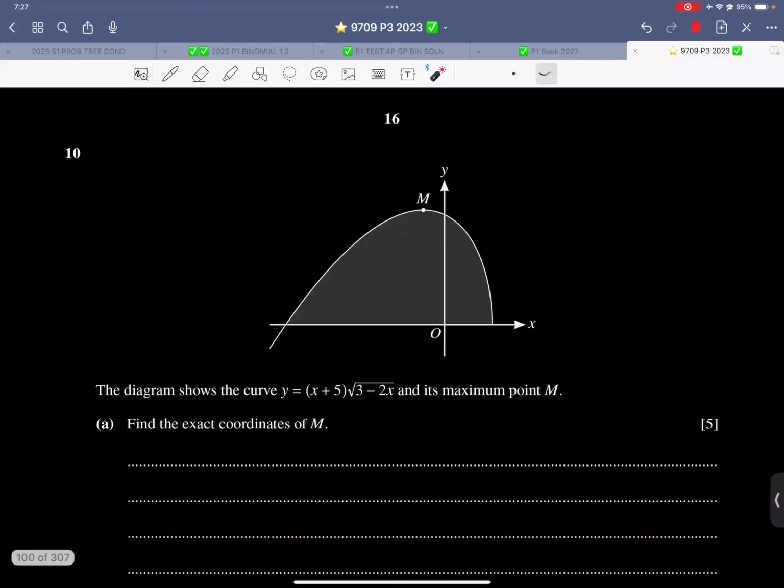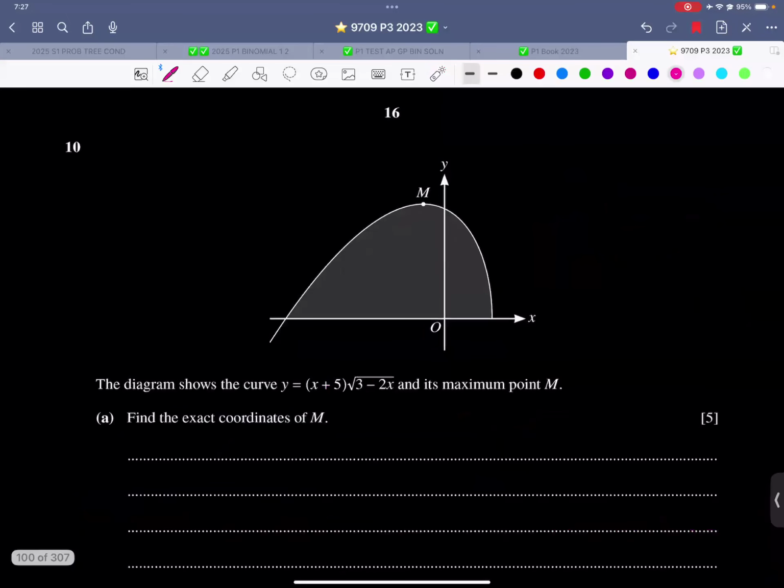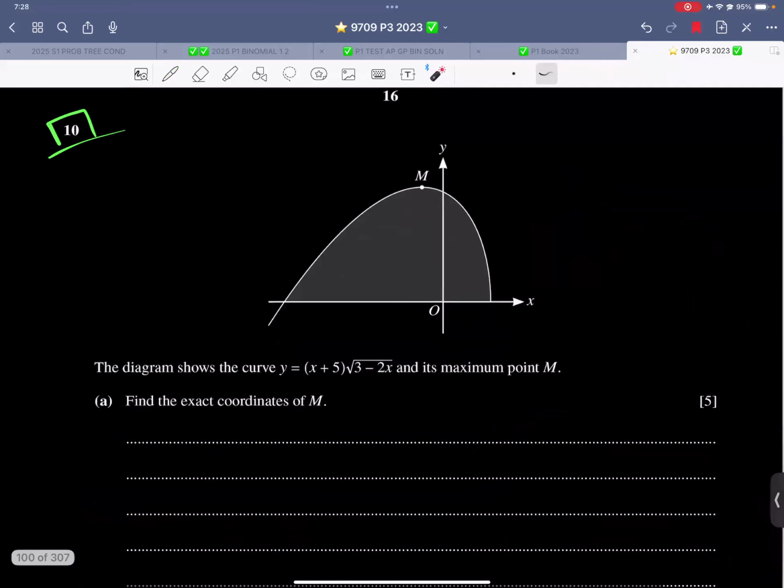Okay, people, let's have a look. First, read through the question. It says the diagram shows the curve y equals (x plus 5) square root of (3 minus 2x) and its maximum point M. So by now you have realized, since this region is shaded, one part would be about integration, the other part would be about differentiation.